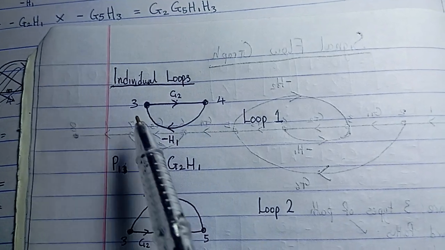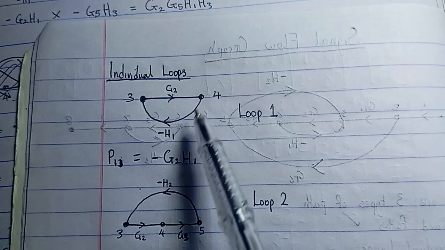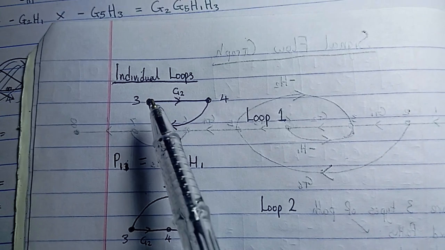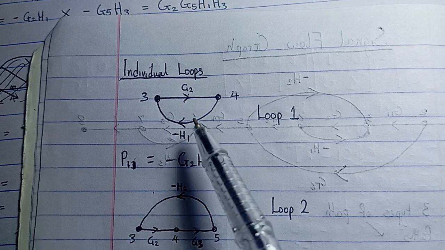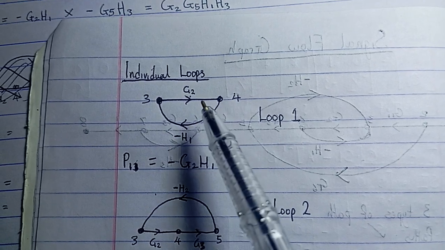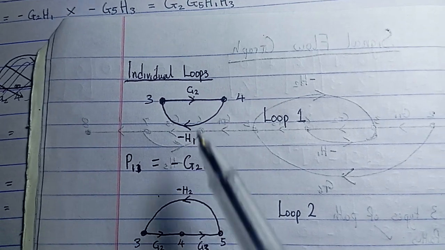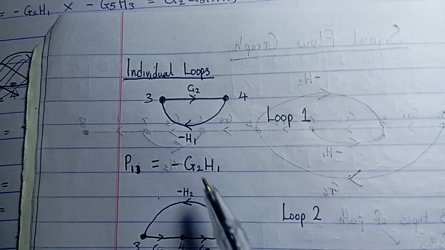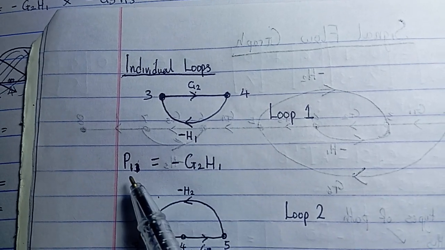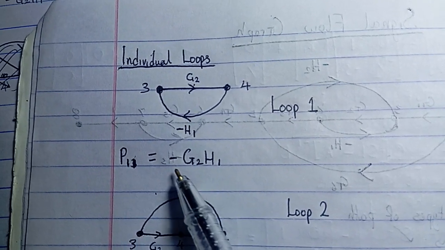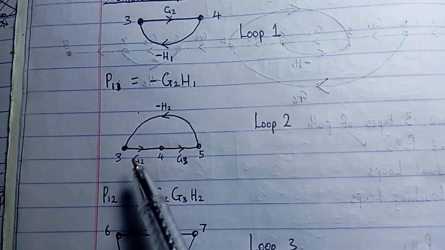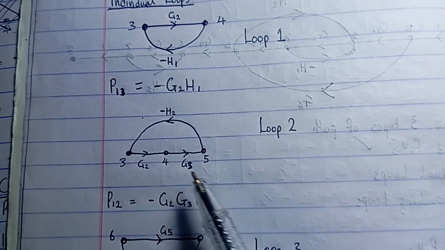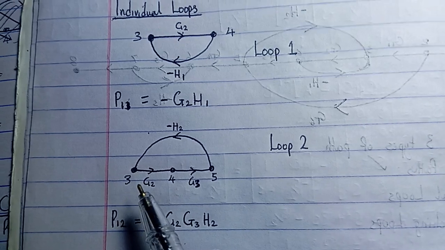Okay, so our individual loops, we have the first one, 3, 4, and back to 3. This is our first loop. To get the gain on this, it is this times this, the gains between them, that is G2 times minus H1. We have here our P11 is minus G2 H1. For our second loop, which was 3, 4, 5, and back to 3, the same thing.